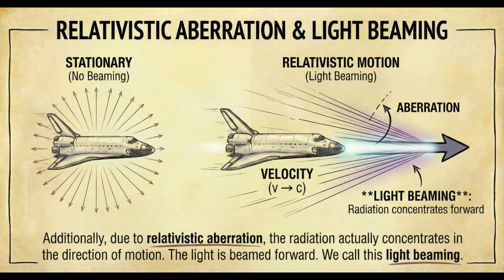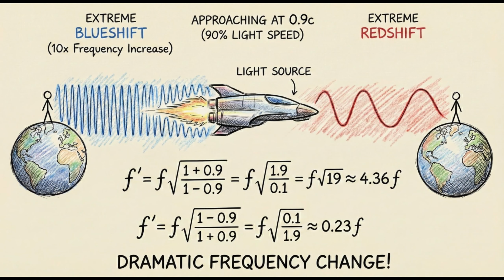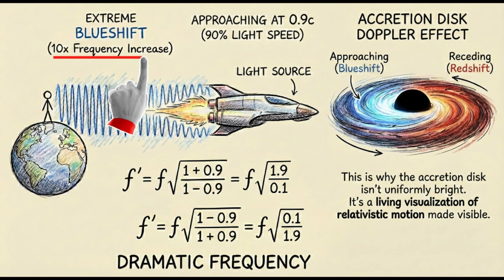The light is beamed forward. We call this light beaming. For matter moving at even 0.9 c, 90% of the speed of light, this factor is dramatic. We're talking 10x increase in frequency for head-on approach.